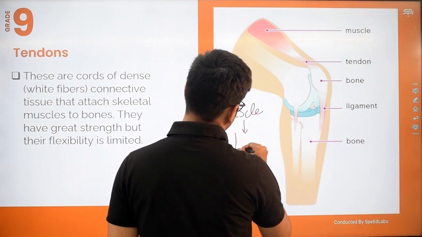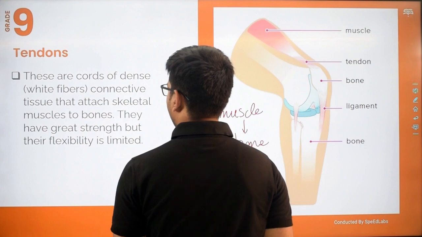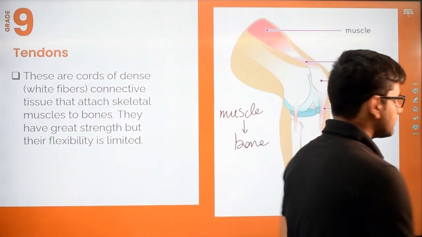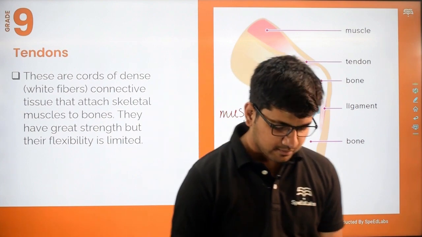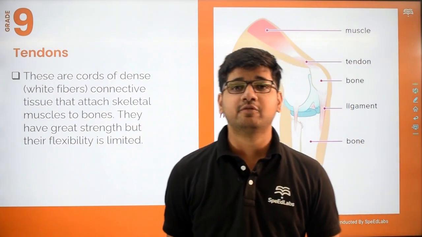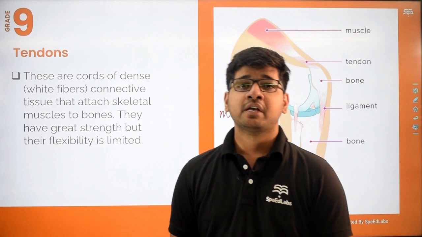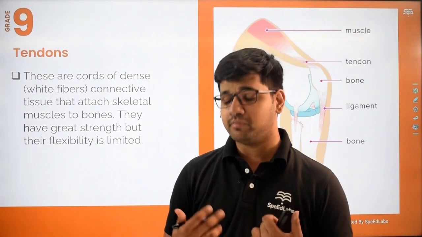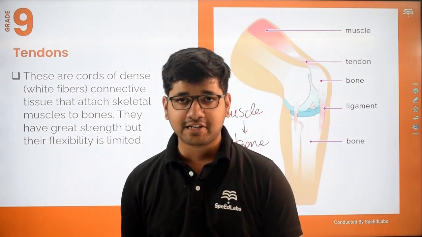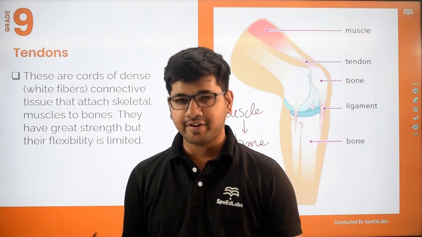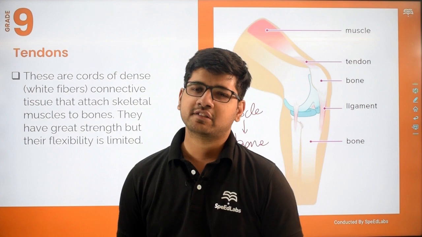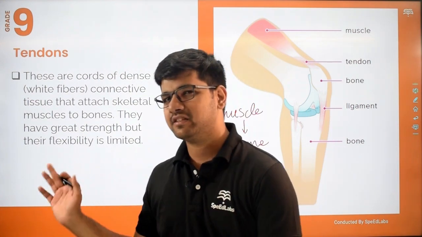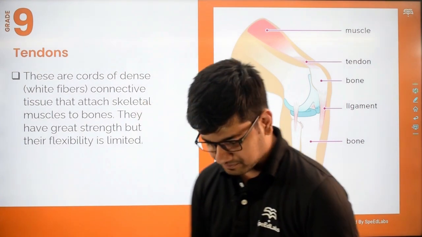They have greater strength, but their flexibility is limited. By this we can conclude that they are used in strenuous, high performance activities, like weightlifting, which involve the use of tendons. But when it comes to locomotion and movement, tendons are not that good.